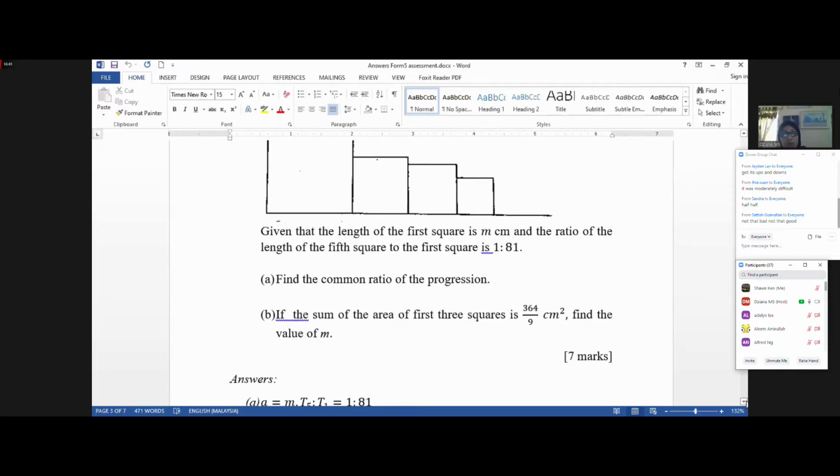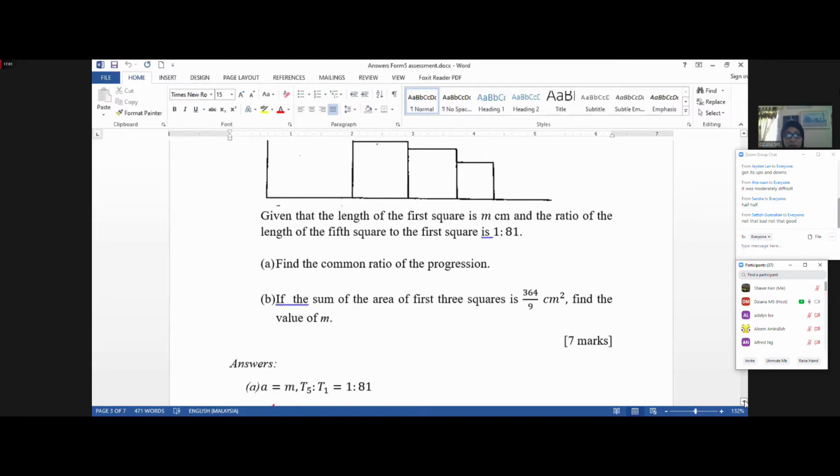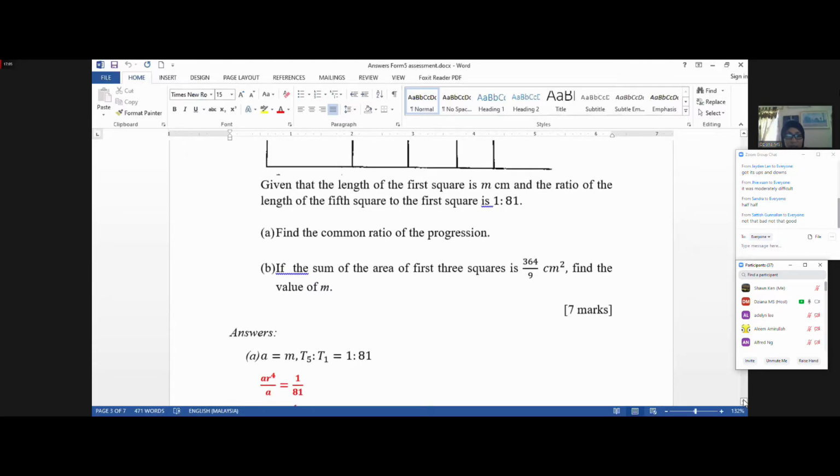Like I said, always rewrite what is given to you. So your first term A is m and the ratio of T5 and T1 is 1 over 81. From the ratio, you can convert into a fraction. So T5 over T1 equals 1 over 81. Like what I did, that one is 1 mark.